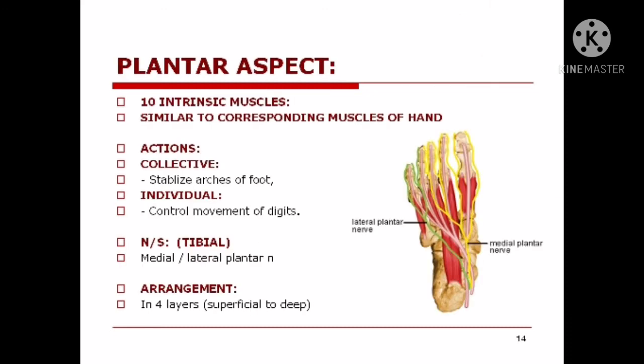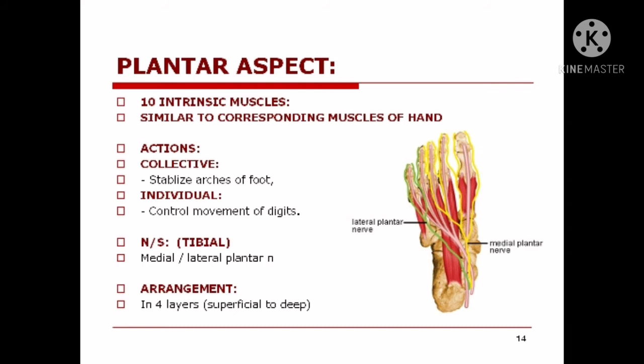Now coming back to the plantar aspect, we have 10 intrinsic muscles, and they are similar to the corresponding muscles of the hand. Their collective action is to stabilize the arches of the foot, the longitudinal arches, the medial and the lateral, and the transverse arch. The individual action is to control the movement of the digits.